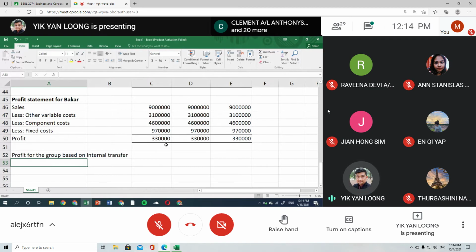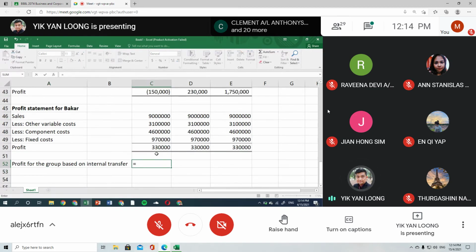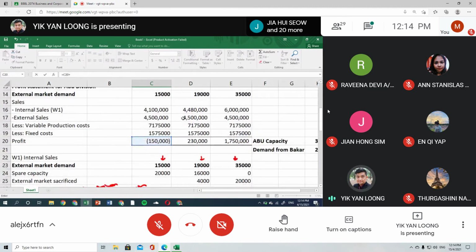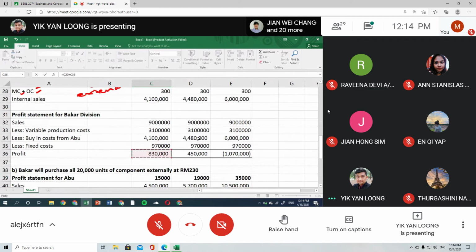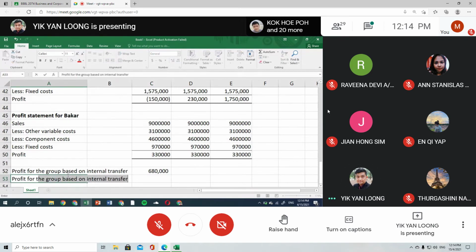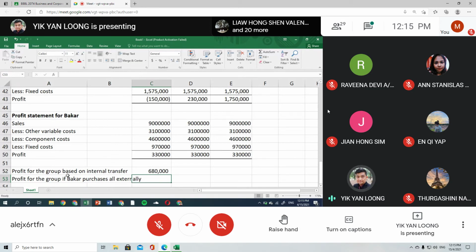Now to get this, you just need to sum up the profit of Abu and Baka. So this will be the profit for the group if Baka purchases externally.